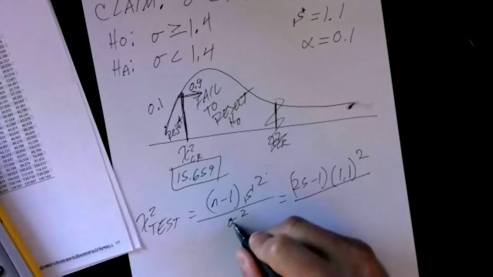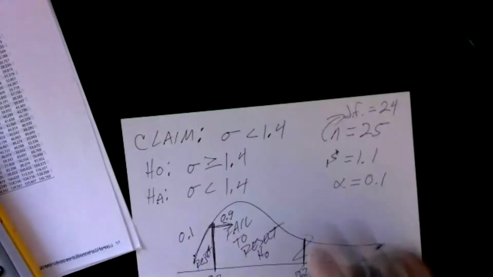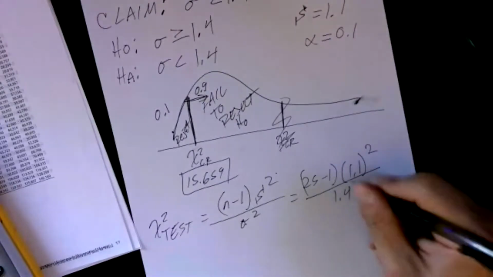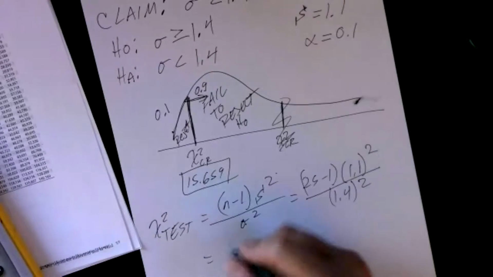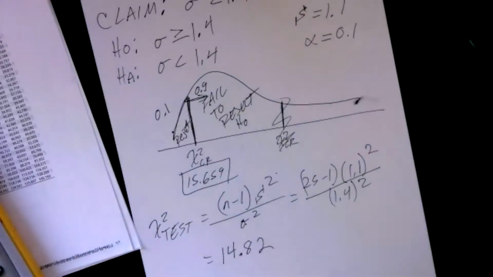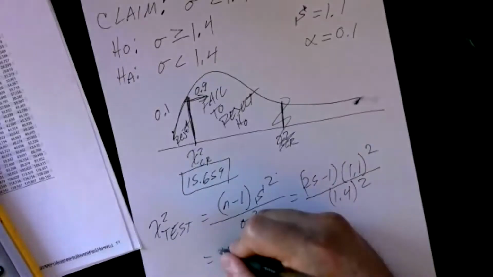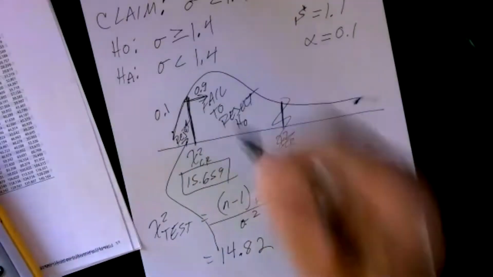The population standard deviation is assumed from the claim to be 1.4. That gives 14.82, which is going to be to the left, but not by much.